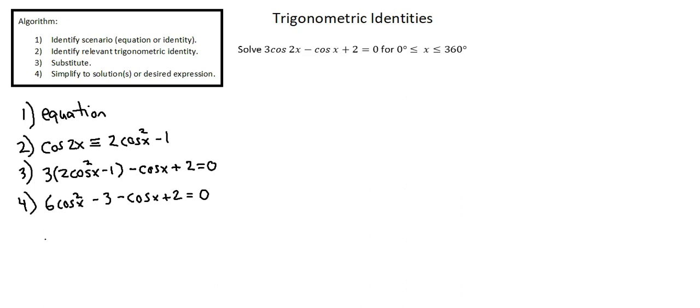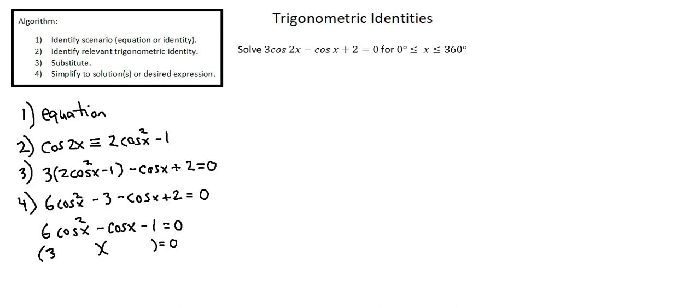So we see we're going to be working with a quadratic equation. Let's combine the two constant terms. 6 cosine x squared minus cosine x minus 3 plus 2 is minus 1 equals 0. Now we will factor into two linear expressions.